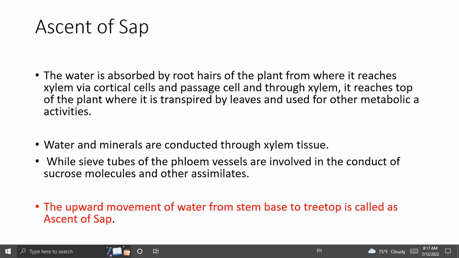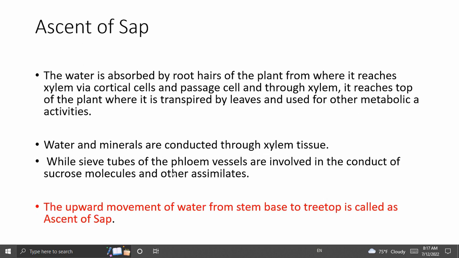In the root zone, water and everything is generally available. Then after that, it goes to the leaf area. So it should go up. The water and minerals are conducted through xylem. Careful. Xylem.